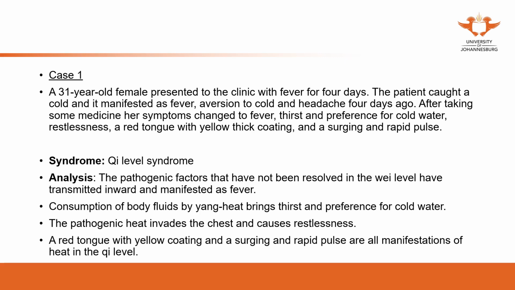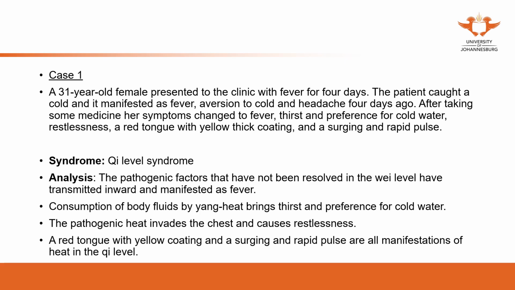Aversion to cold. Now, the patient presents with a thirst and desire to drink cold. This can reflect excessive heat in the body. A red tongue with a yellow coating is actually a yellow thick coating. Surging and rapid pulse, that's excessive heat.